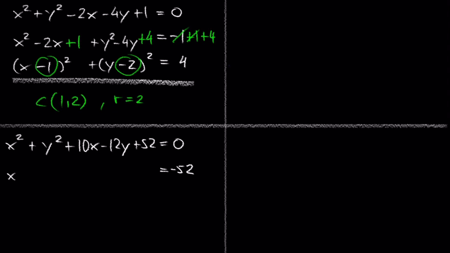So we get x squared plus 10x plus y squared minus 12y. The half of 10 is 5 and 5 squared is 25. The half of 12 is 6 and 6 squared is 36.